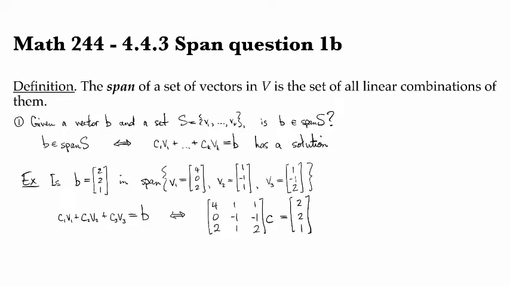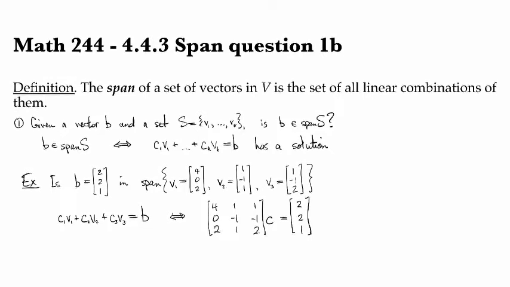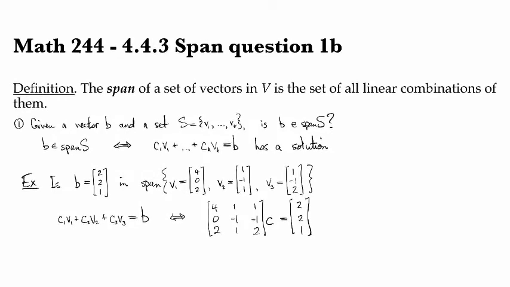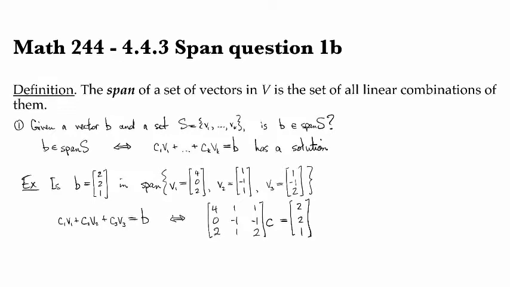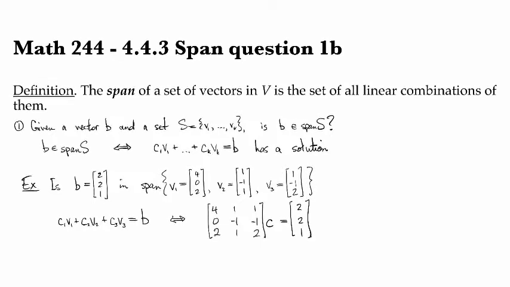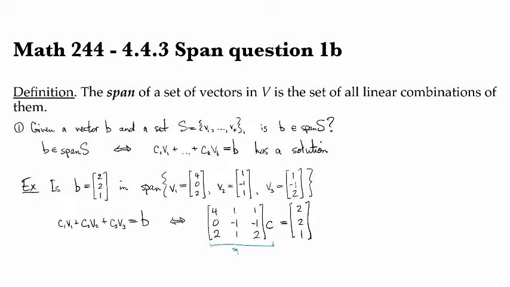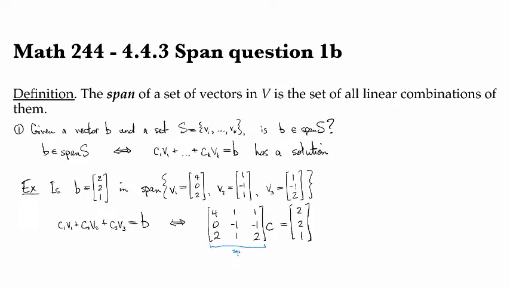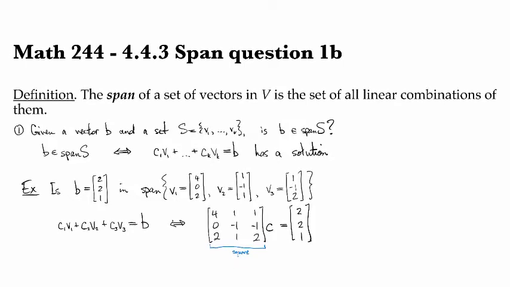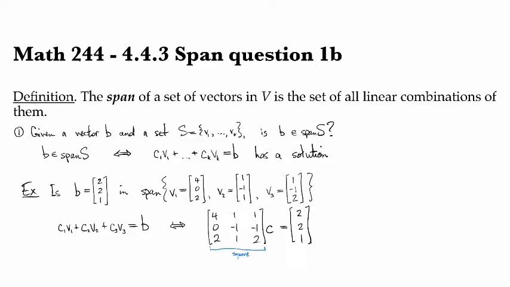So now notice that the question is just whether or not a solution exists. We're not actually asked to find the solution. In this particular case, let me just clarify, we have a square coefficient matrix. That unlocks the ability to use the determinant.